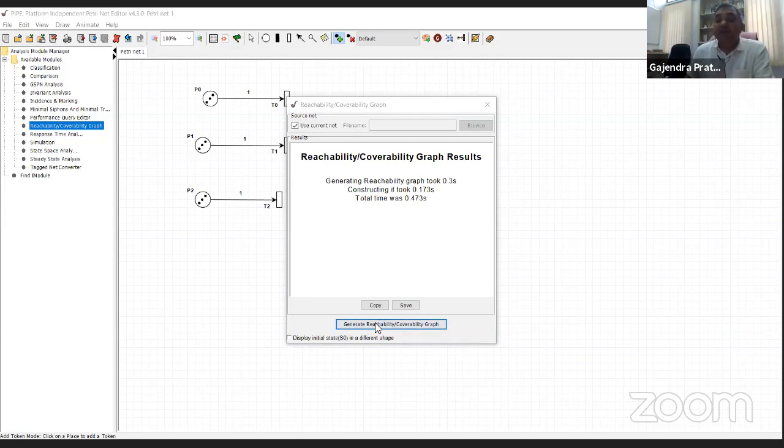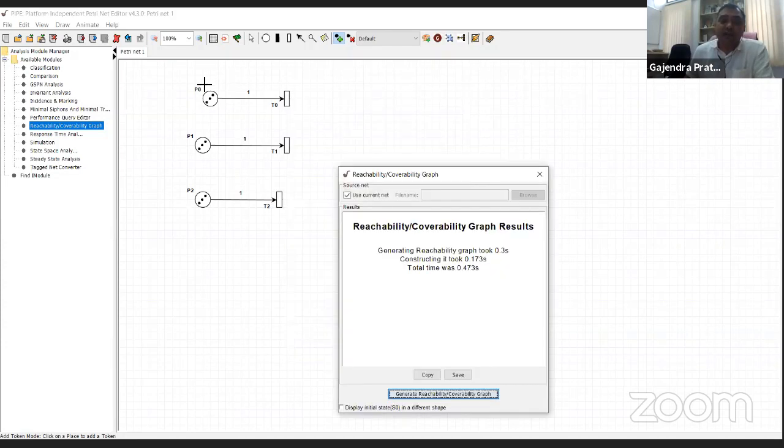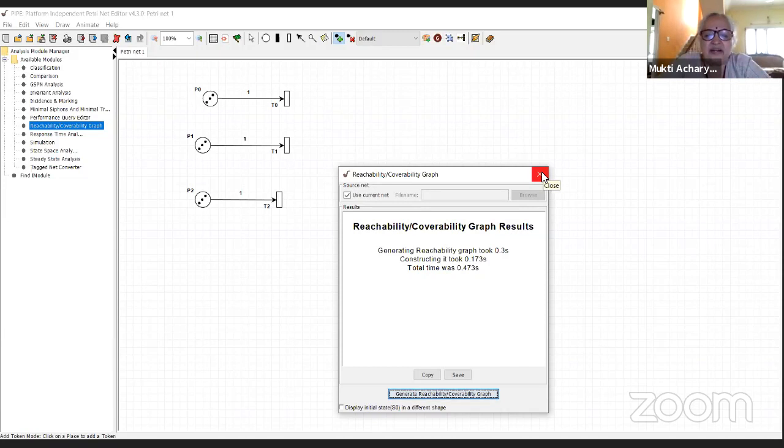That is why this is important, and it also saves some time: for a very small network, we can analyze very huge networks.